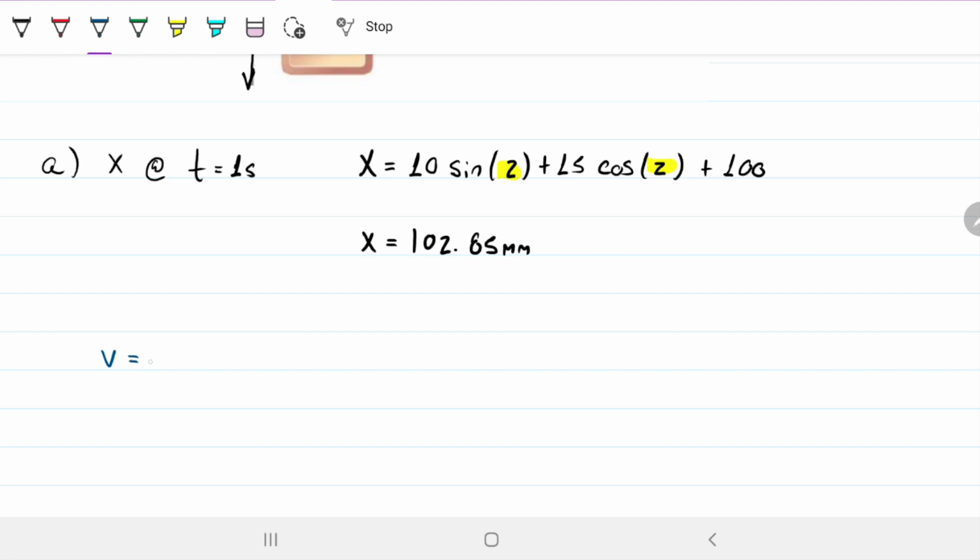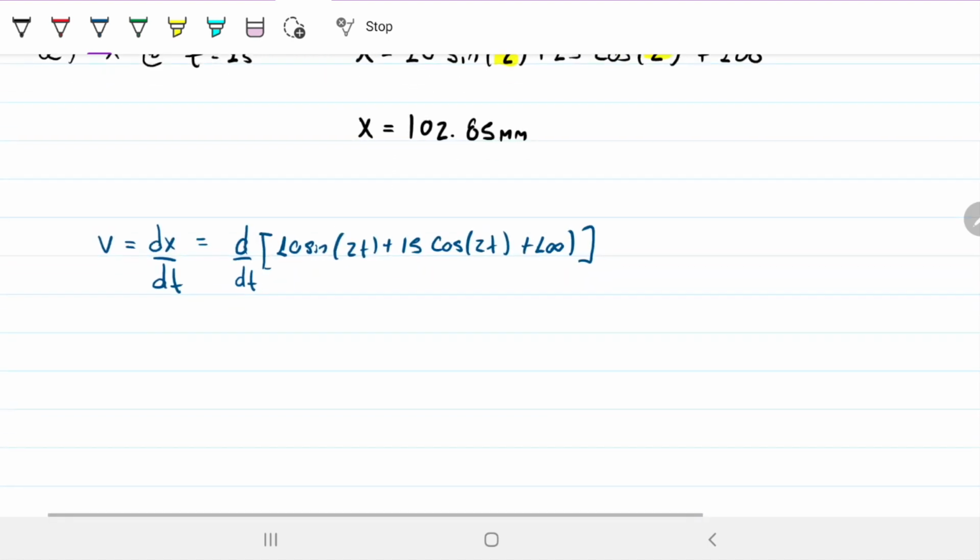So now let's go ahead and find an equation for the velocity. And the velocity is just how x is varying with time. So in other words, if we take the derivative of x with respect to time, and x is 10 sine of 2t plus 15 cosine of 2t plus 100, if we take this derivative here with respect to time, we should get the velocity.